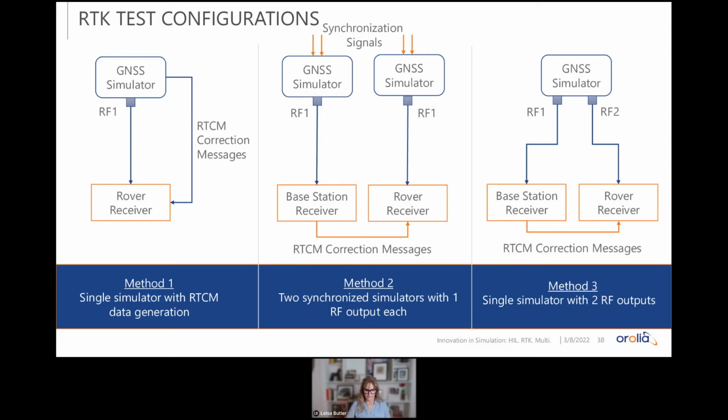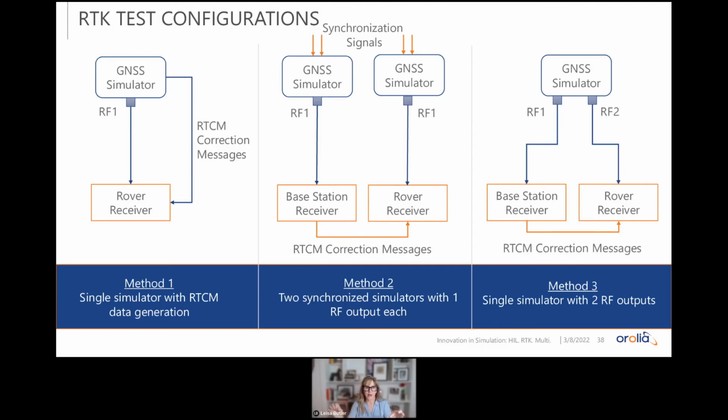Now, if you have access to the base station, or you're deploying a service, or you have both the base station and the rover, then you may have a different setup. There are really two ways to do this. The middle one, method 2, is for when, as we talked about in the previous section about multi-instance, a simulator can support multiple RF outputs or multiple trajectories.